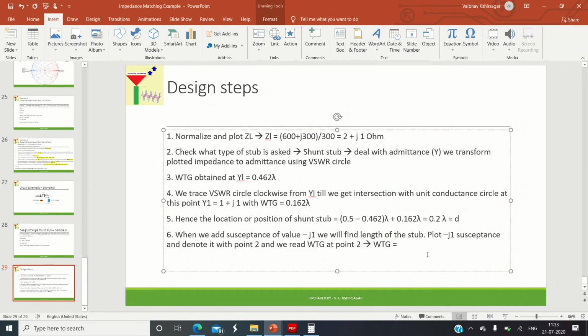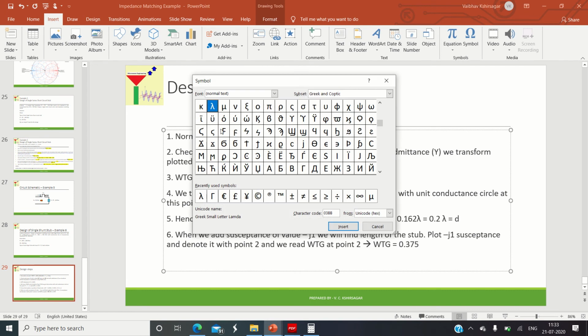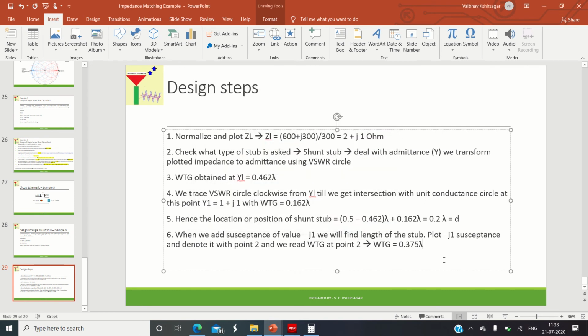Please remember. So I will write this value in my solution. So WTG I have got 0.375 lambda. I will insert the symbol again. So I got 0.375 lambda. So how to calculate the length of the stub then? In the seventh step, hence the length of admittance, please remember, admittance short circuit stub. Why admittance?